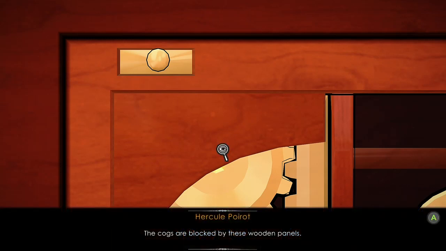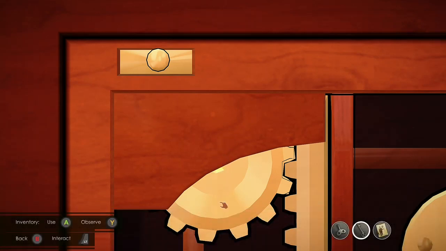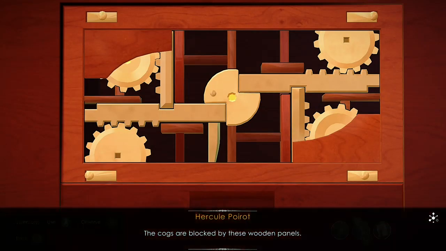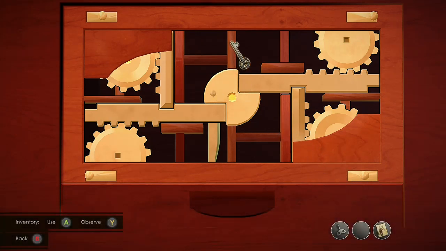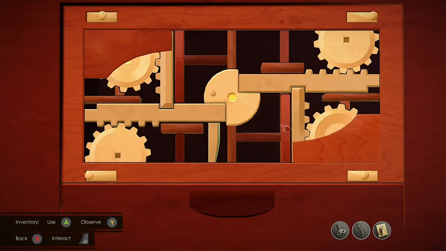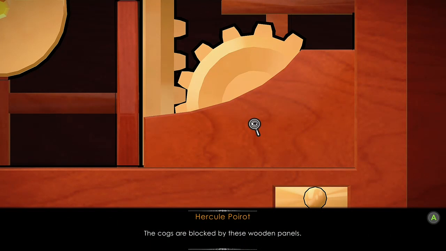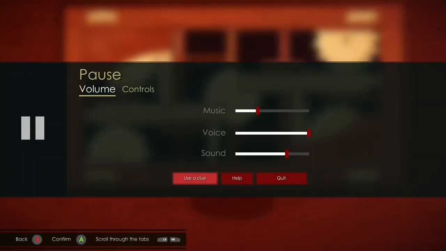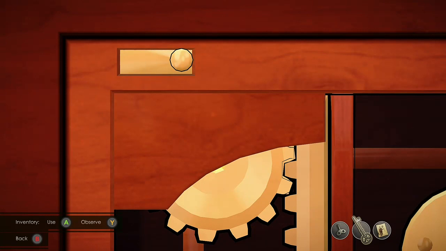The cogs are blocked by these wooden panels. I am aware that they... Yes, Poirot, shut up. Okay.